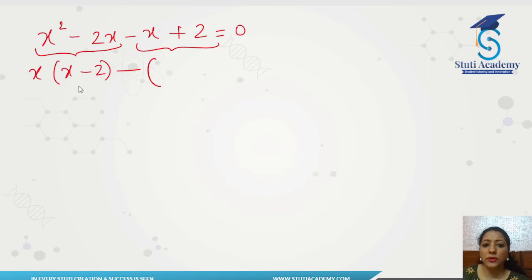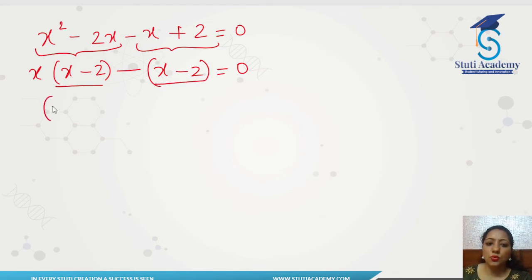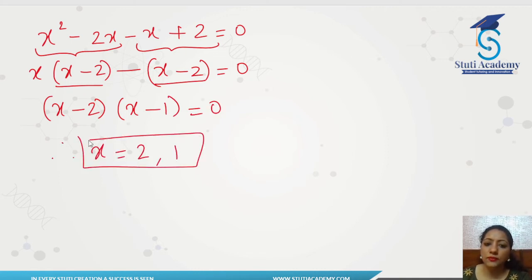Minus I'm taking common so that I can get this bracket again. It's important to repeat the bracket. If you don't do that, then you will get stuck and you will not be able to proceed further. So here x minus 2, we'll take out common and we'll be left with x minus 1. So finally we have x as 2 and 1. So these are the roots of the given quadratic equation. Have you all understood, students?